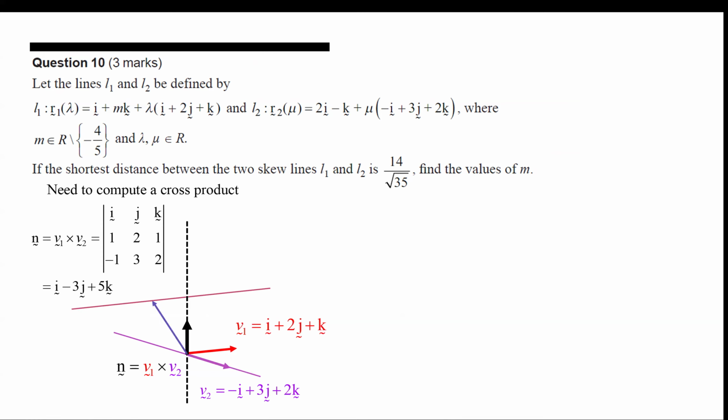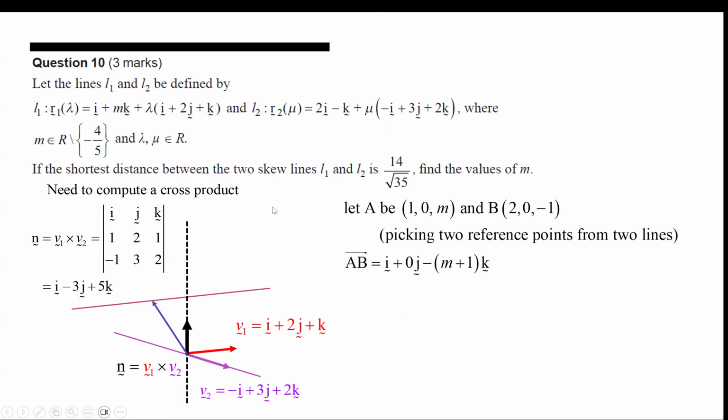The next thing is, how do I get the shortest distance? Well, with this vector pointing from the purple line to the red line, this is a connecting vector. So we can choose one point from the blue line, which is 1i, 0j, mk. And also another point may well be 2, 0, minus 1.